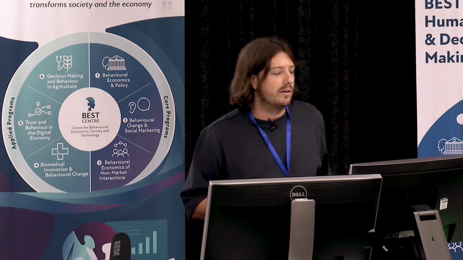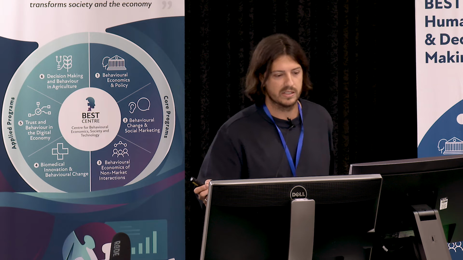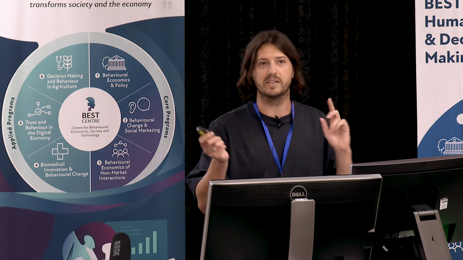We have 2 environments here, 2 searching environments. One where individuals could search forwards and backwards through other participants' profiles, and one where individuals can search forwards only through participants' profiles.